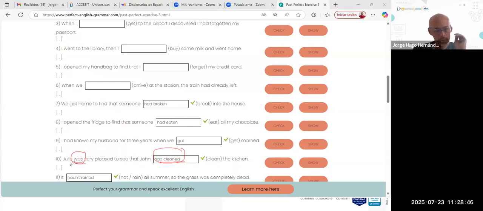Esta es una oración completa, pero está dividida en dos, ¿no? Por ejemplo, Julia estaba muy contenta, agradada de ver a John que había limpiado la cocina. La primera parte está en pasado, la segunda con pasado participio, pero eso no es una regla. Puede que dentro de la misma oración las dos estén en pasado simple o las dos en pasado perfecto.